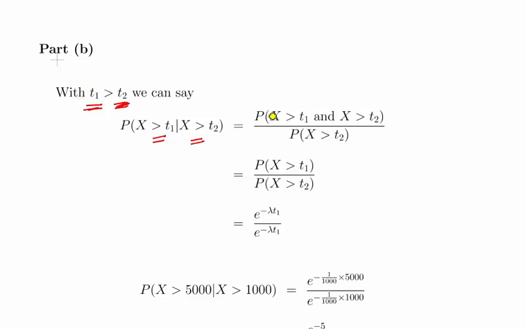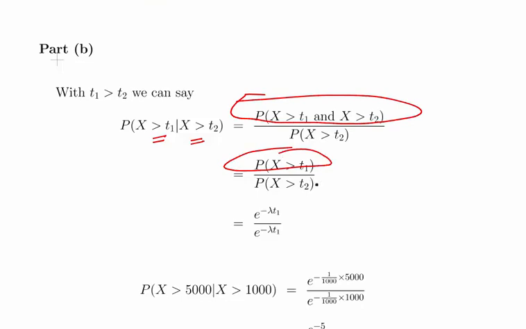If X is greater than t1 and t2, it is essentially equivalent to the larger of those two numbers. So if I'm older than 20 and older than 30, to cut a long story short, I'm older than 30. So we can re-express this as the following.